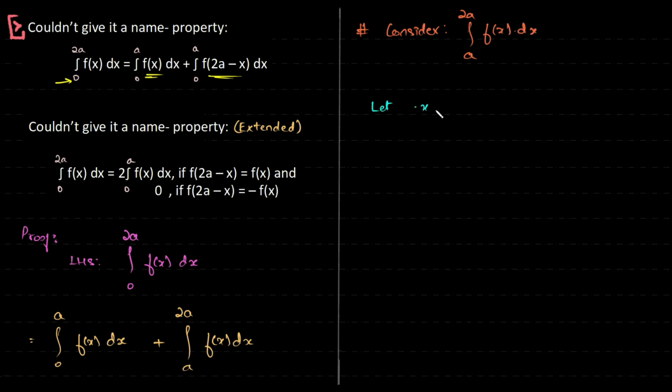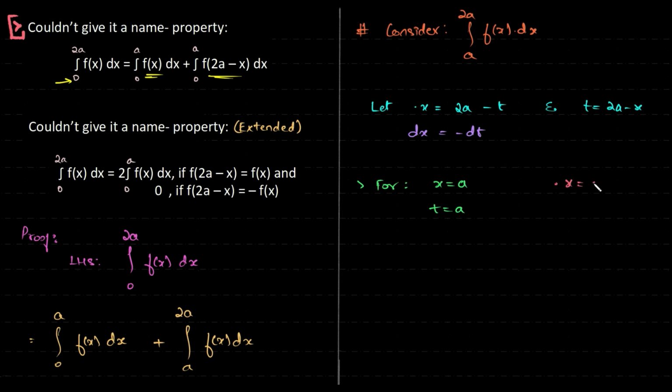We can let x be equal to 2a minus t, so t will be equal to 2a minus x. It's better to have both the expressions. So dx will be equal to minus dt. Now for x equal to a, if I substitute, t will be equal to 2a minus a, that is a itself.